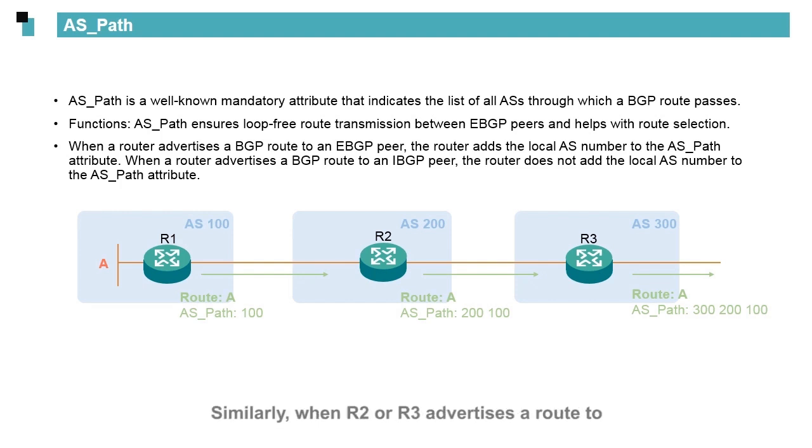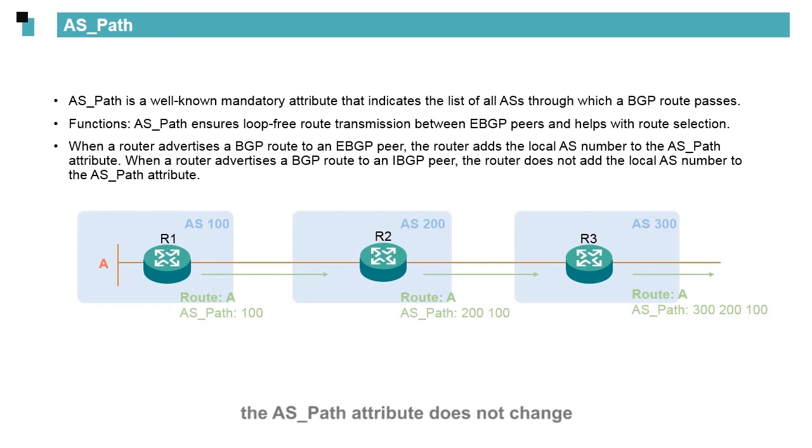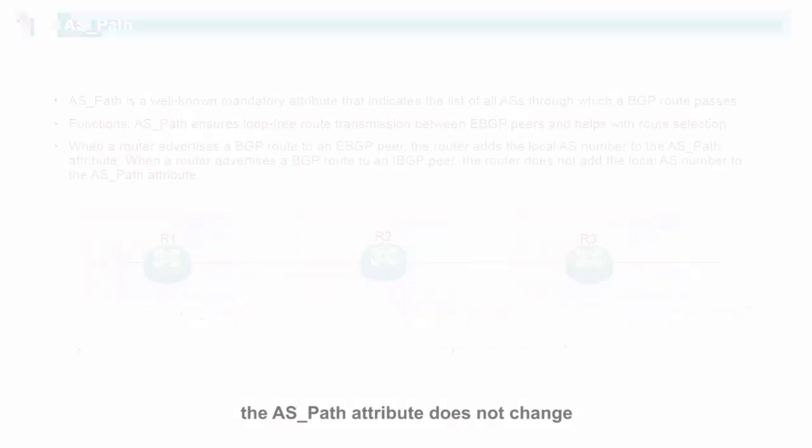Similarly, when R2 or R3 advertises a route to another AS, R2 or R3 adds its own AS number to the AS path attribute. If R2 is connected to R4 in AS 200 and R2 advertises a route to R4, the AS path attribute does not change.